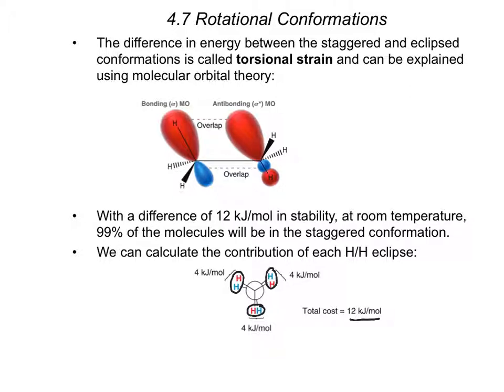We get 3 sets of those hydrogen-hydrogen eclipses. So this divided by 3 is equal to what? About 4, right? So each of these hydrogen-hydrogen eclipses, we can approximate to be about 4 kilojoules per mole, okay? So again, this is the energetic cost of a hydrogen-hydrogen eclipse.